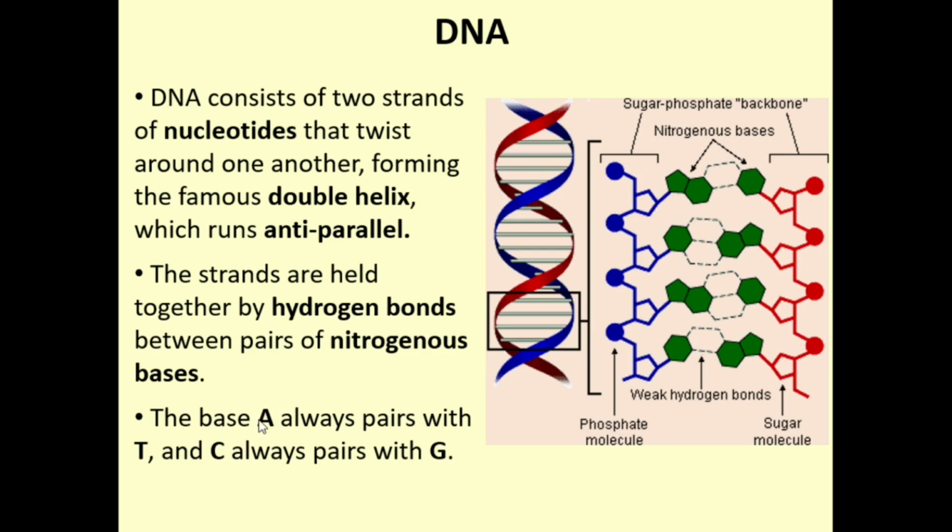Wherever you see an A, the opposite nitrogenous base will have to be a T. If you see a T, it will have to match with an A. If you see a C, it has to be paired with a G. And if you see a G, it has to pair with a C. That's really important. That's what we call base pair sequencing. It's A to T, C to G.